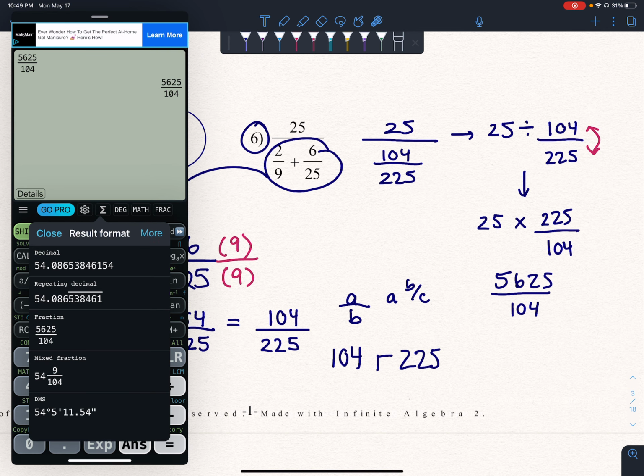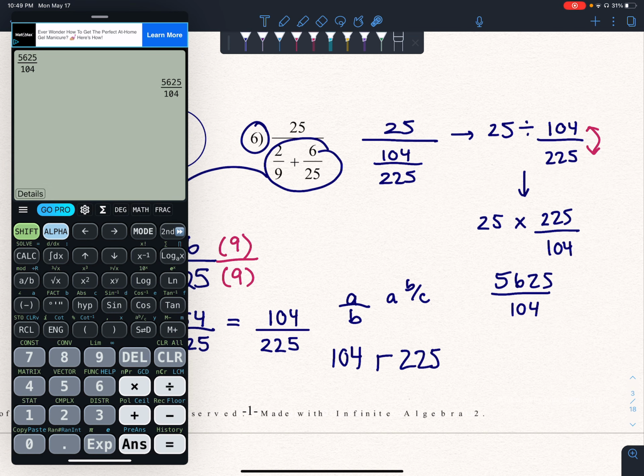Why is it? Oh, you know what? I think that my calculator might have not done order of operations properly. Let me check this again. 25 times, and then brackets 225 over 104.